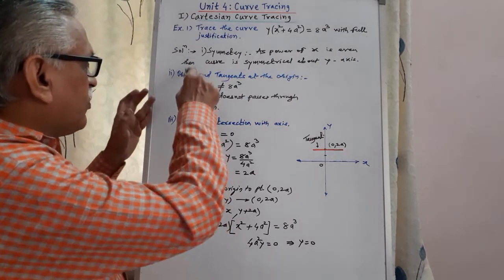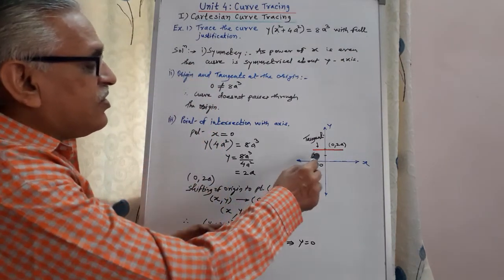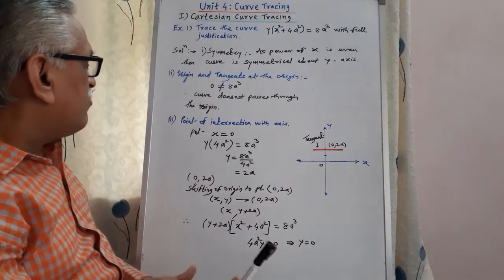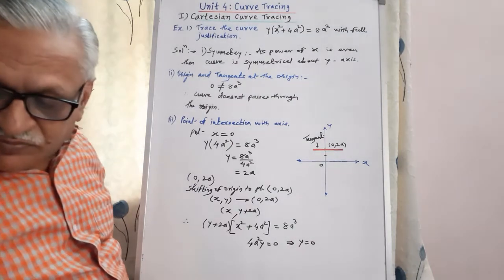Therefore, whatever I have discussed, all I have shown in this figure. Then we go for the point number 4, asymptote.